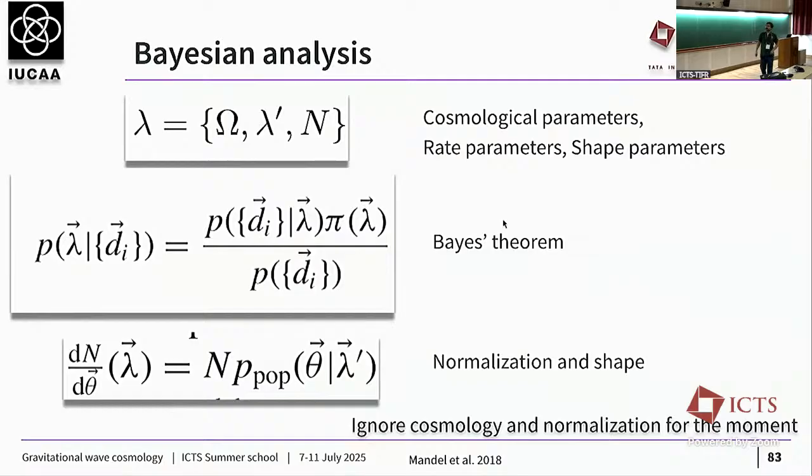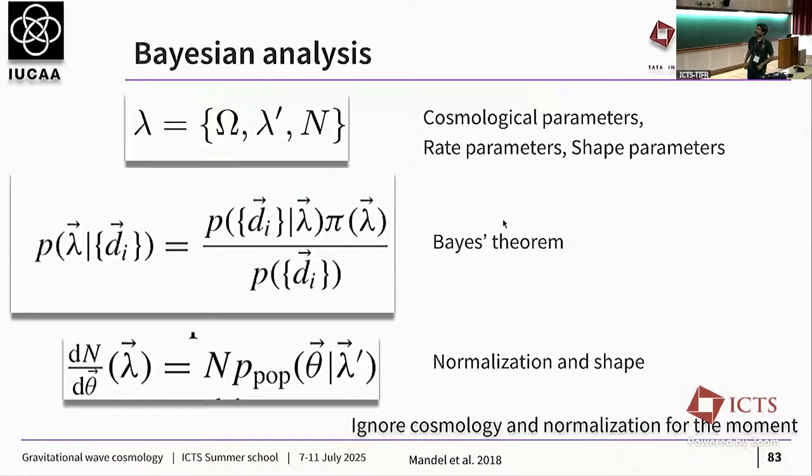Towards the end of the last lecture, we started to talk about a Bayesian analysis in order to understand how to get parameters, especially the rate parameters. What is the distribution of masses, what is the distribution in redshift, and so on and so forth, that you can get by carrying out a Bayesian analysis over the gravitational wave event data.